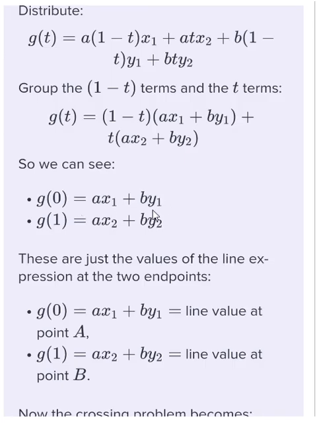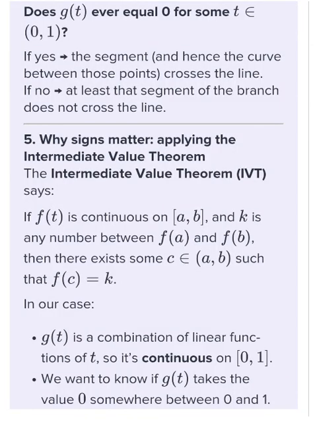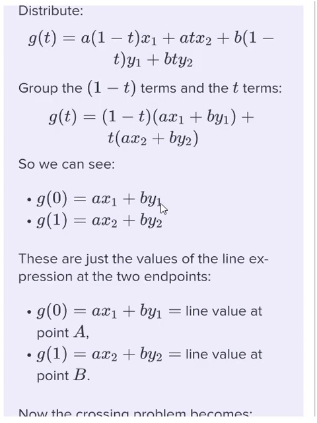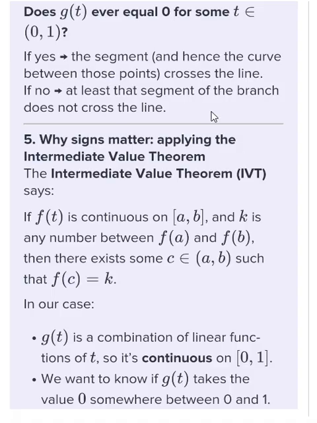Suppose we assume that g of 0 is less than 0 and g of 1, which is x2 plus b y2, is greater than 0. What happens by the intermediate value theorem?